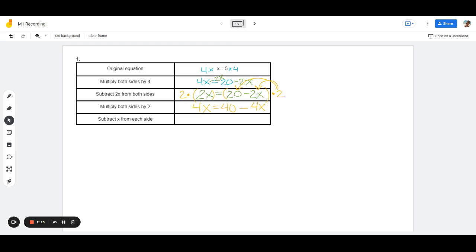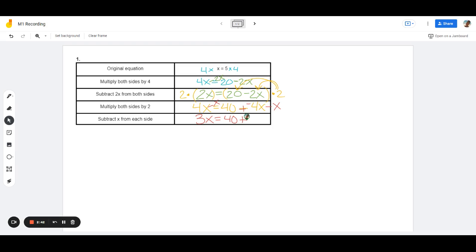And then last step, we would subtract x from both sides. So we would just do minus x from both sides. And so 4x minus x is 3x. And on the right-hand side, we can combine the minus 4x minus x. So we'd have 40 and minus 4x, which we can think about as plus negative 4x, right?